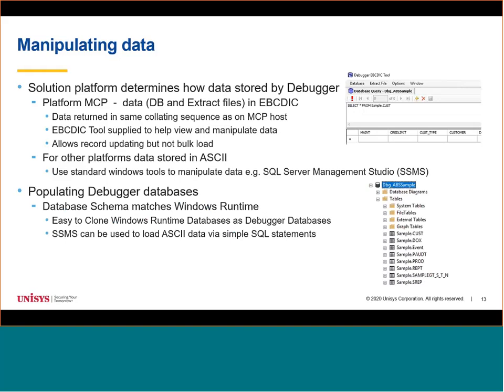It's also the way you can use host database access when you've got a target platform of MCP, to talk back to the MCP host and the DMSII database. It's also the way you do it essentially with Windows runtime. So if you've got a Windows runtime, because the Windows runtime database and the debugger database are identical, you can just point your debugger session at your Windows runtime database and use it as you would any other debug database.